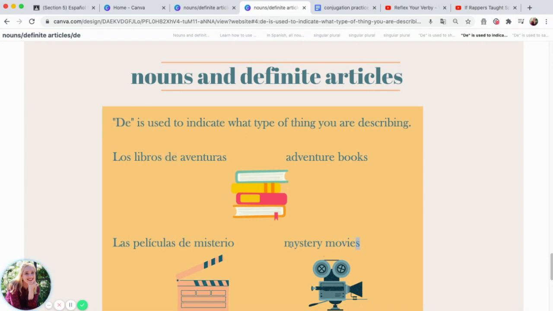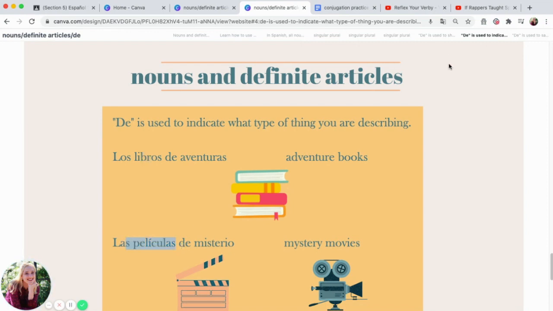Okay, or mystery movies. Las películas de misterio, the movies of mystery. Okay, we use that de in there to say these movies belong to this category. These books belong to the adventure category. These movies belong to the mystery category.